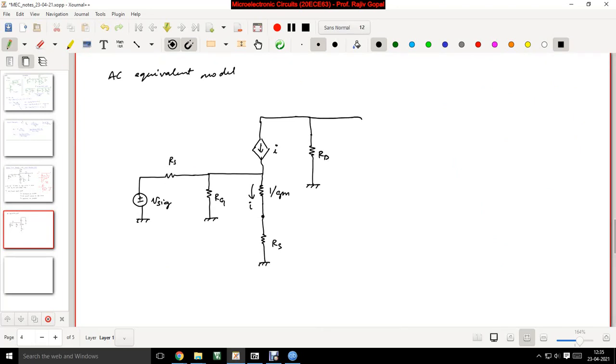Then RL. Okay, so the voltage which you measure here will be V0. The voltage which you measure here will be VD, drain voltage, right? This voltage from here to here means ground, okay.